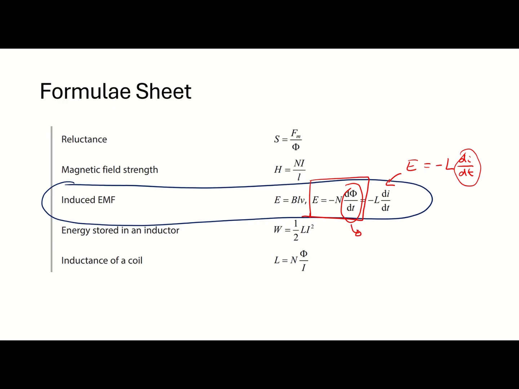So this would be the rate of change of phi, which is our magnetic flux, as time changes. And here, if you remember, it's di dt. If we have an inductor, how the current varies with time, right? So di dt, the rate of change of current.